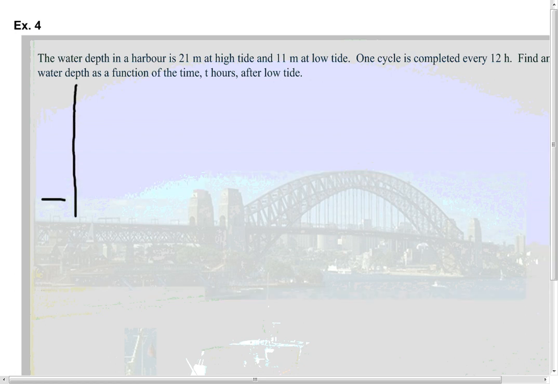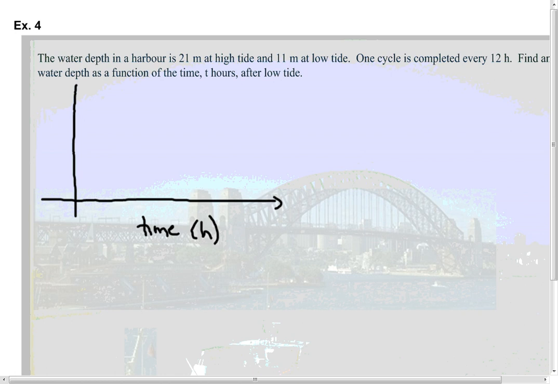We have height as a function of time. So time is independent, and it is in hours. We have water depth, so let's call it depth in meters. I just want to make sure I've got all my units. Yes, I do. And it says we're going to find this function after low tide.